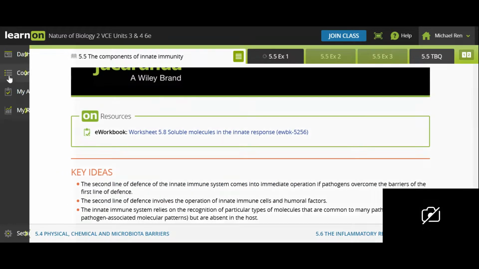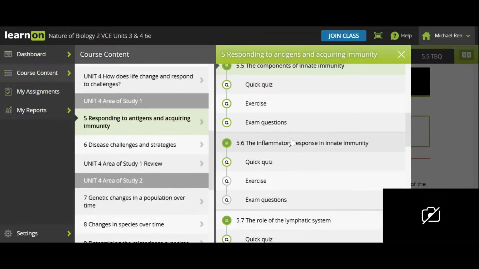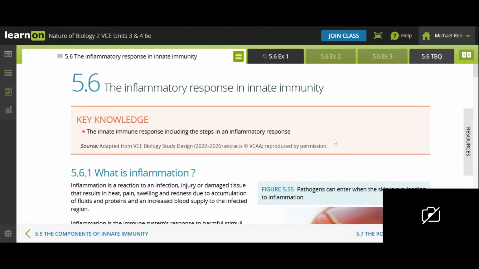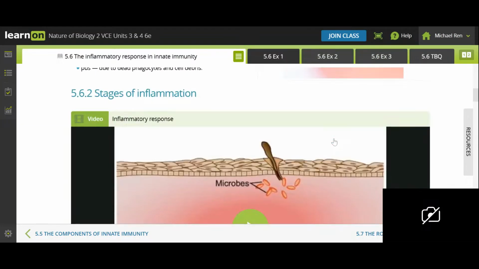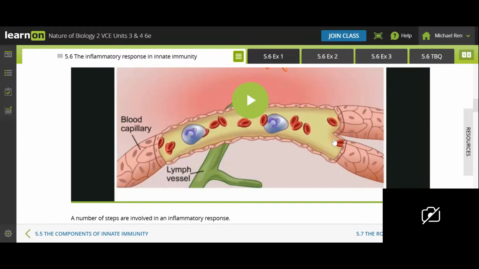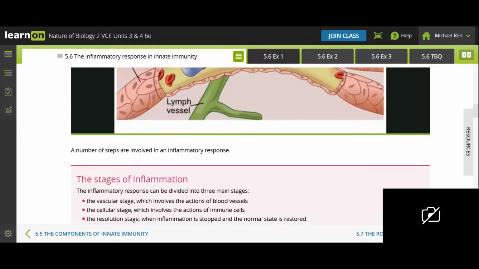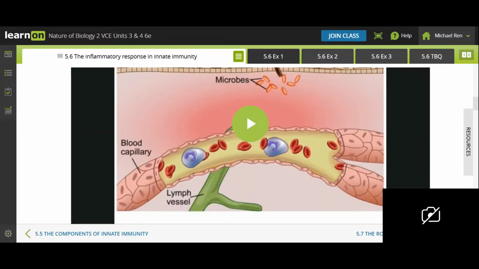Inflammation is on the next one because this is a long topic. Inflammatory response is 3 stages. I don't know what the name of the first one is, or it's vascular stage, cellular stage, and resolution stage. Vascular involves blood vessels mainly, cellular stage involves immune cells, and resolution stage, believe it or not, is the resolution of inflammation.